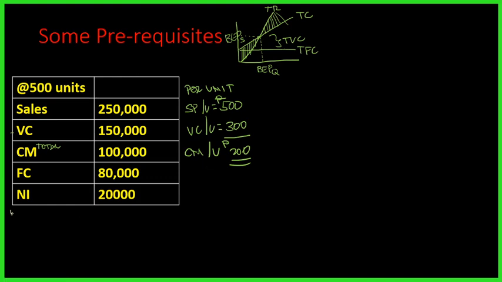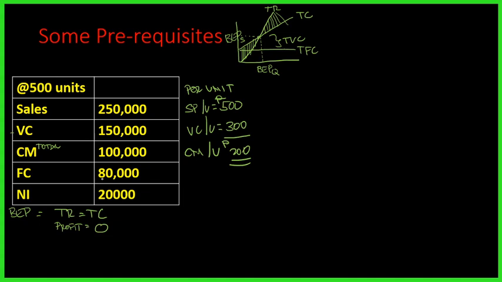Okay, so let's try to summarize. Your break-even point in quantity or in sales, as we said earlier, is actually a point where your total revenue is equal to your total cost. When total revenue is equal to your total cost, we expect that your profit will be equal to 0.